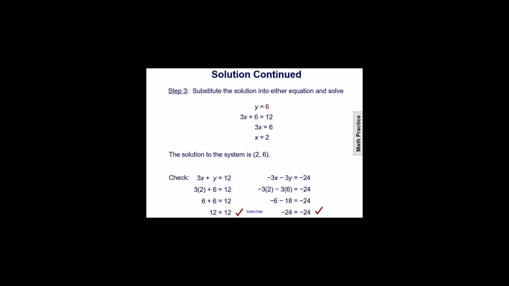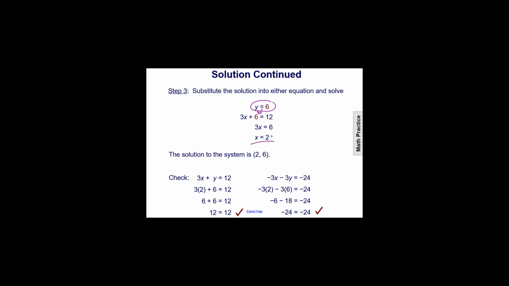That's half of our solution, so to find the other half, we need to find the value of x. So we'll substitute in y equals 6 into one of our equations, it doesn't matter which one, and solve for x. We're choosing to substitute it into 3x plus y equals 12, except it's not y anymore, it'll be plus 6. So then we'll subtract 6 from both sides, we'll get 3x equals 6, and dividing both sides by 3, we get that x equals 2.